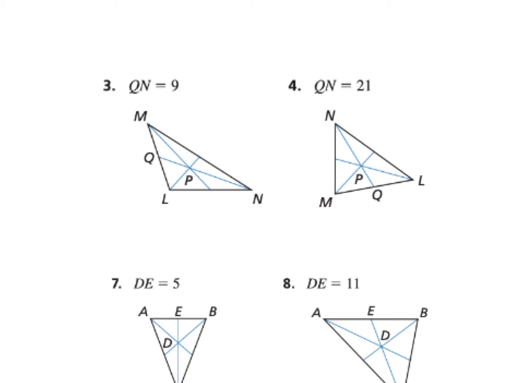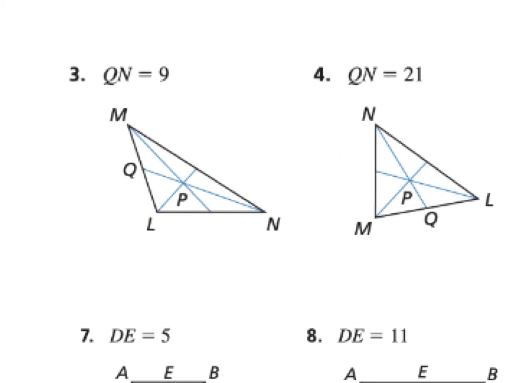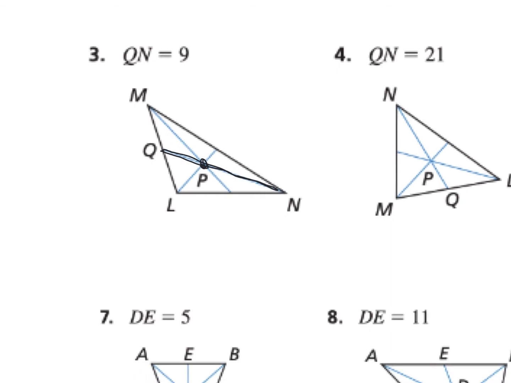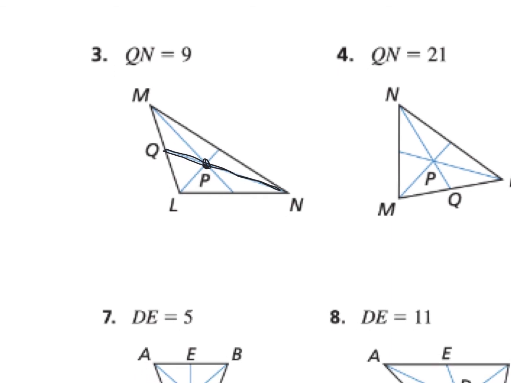Okay, so we have that point P is the centroid of the triangle. It doesn't say that, but it said it in the directions originally. So point P is the centroid, and it says QN, which is this entire median right here, is 9. And it wants us to go ahead and find PN and PQ.